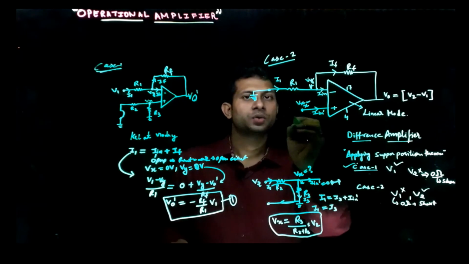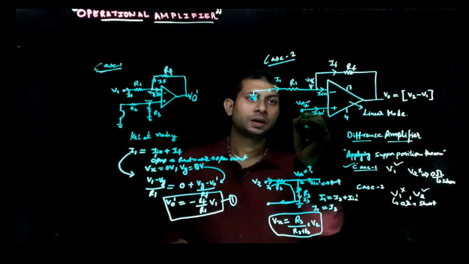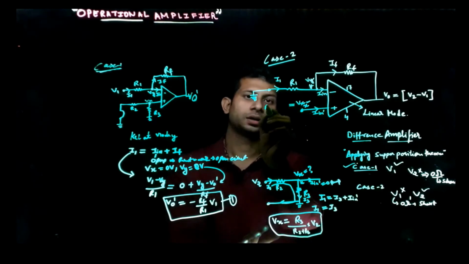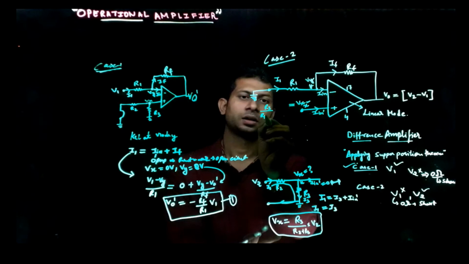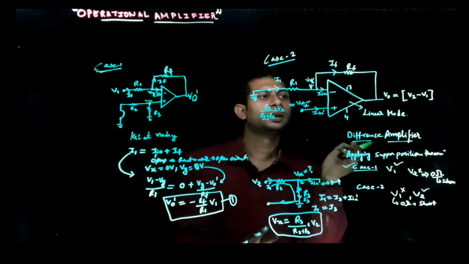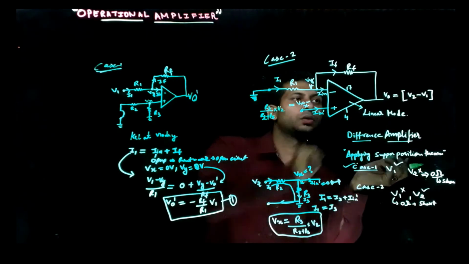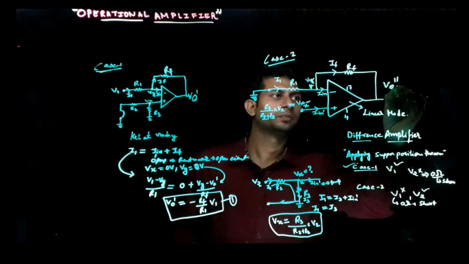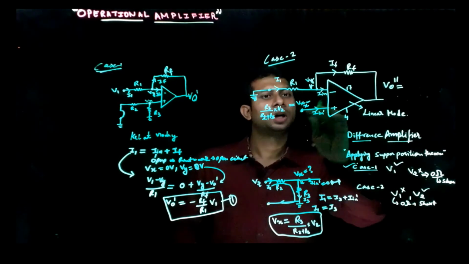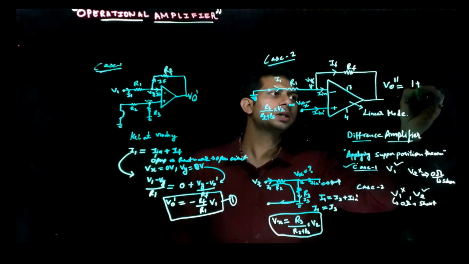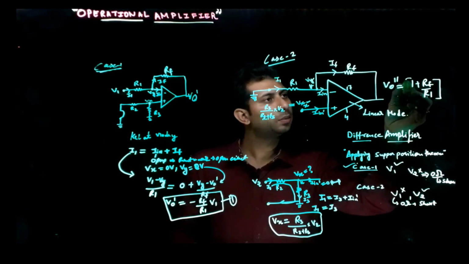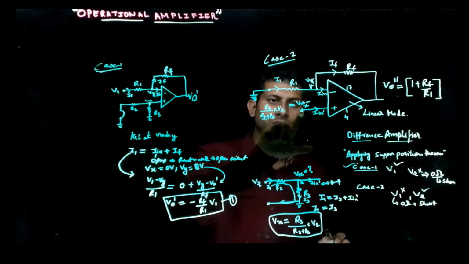Now in case 2, Vx is equal to R3 divided by R2 plus R3 times V2, and we can observe that the output V0 double dash, which is the case 2 output, will be 1 plus Rf upon R1 multiplied by the applied voltage at this node.